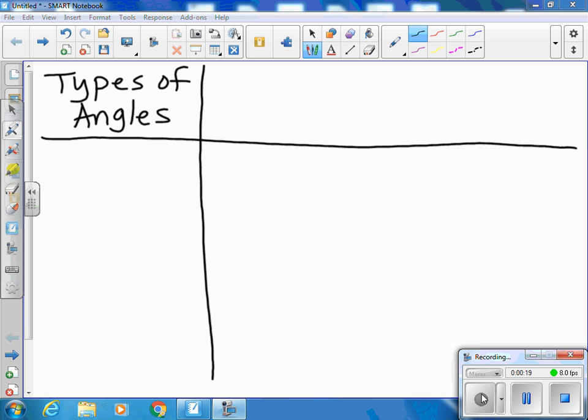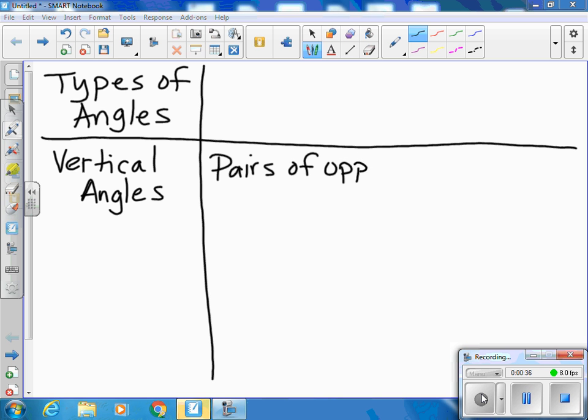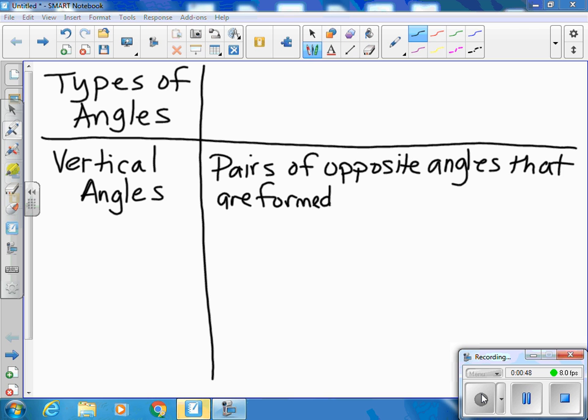All right, so the first type that we are going to go over are what are known as vertical angles. And with each type, I'm going to draw a picture, and I'm going to show you some information as well as give you a definition about it. All right, the vertical angles are pairs of opposite angles that are formed by 2 intersecting lines.